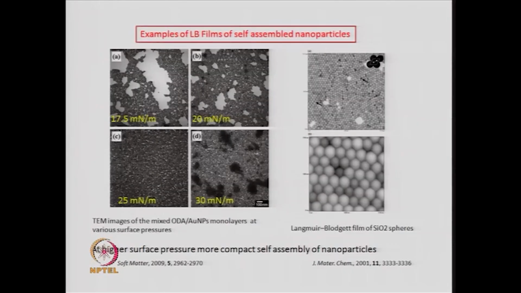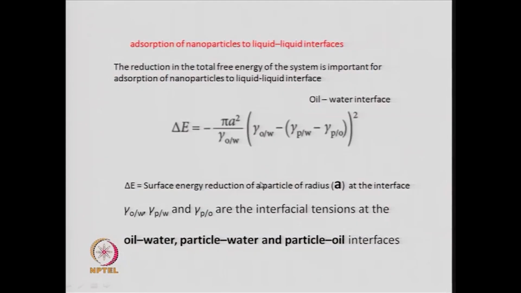And so, that is the example that we did of octadecylamine with gold nanoparticle monolayers, and this was silica spheres making an LB film and forming an assembly of nanoparticles.